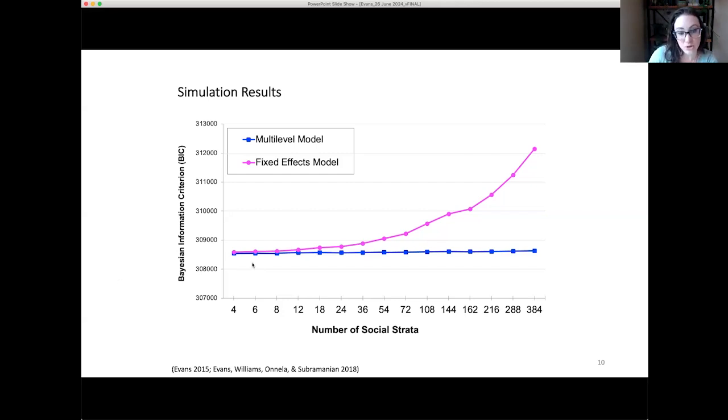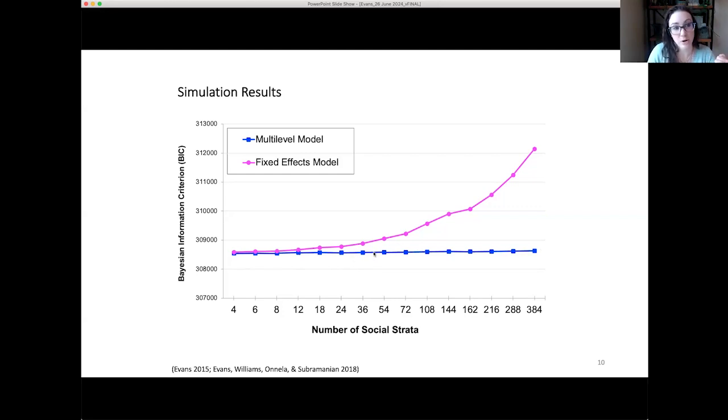So as you can see, when you start out at lower values here, the 2 approaches are pretty similar, as we might expect, but very rapidly we see a departure between them. So as we get up into dozens or even 384 strata, the Bayesian information criterion stays pretty low and pretty stable for multi-level, which is a good thing.